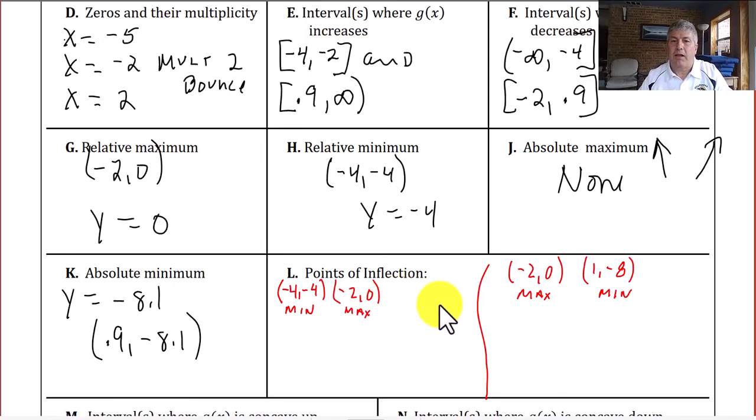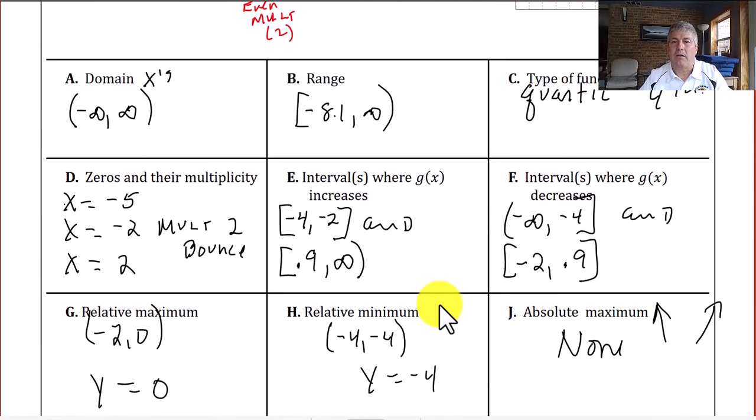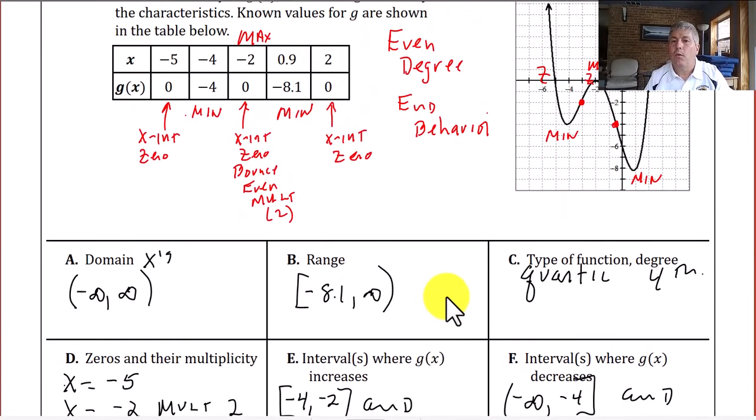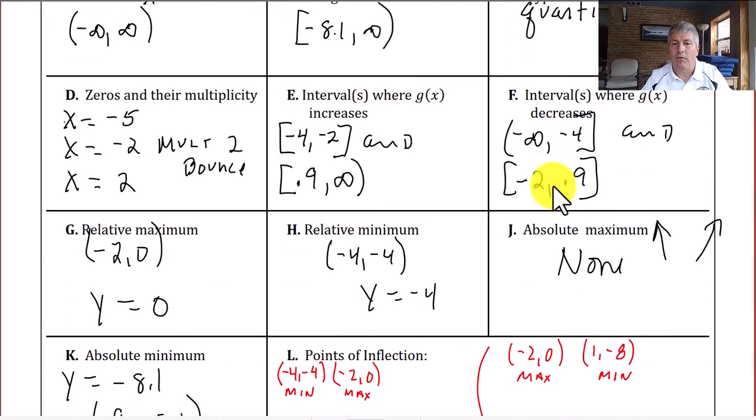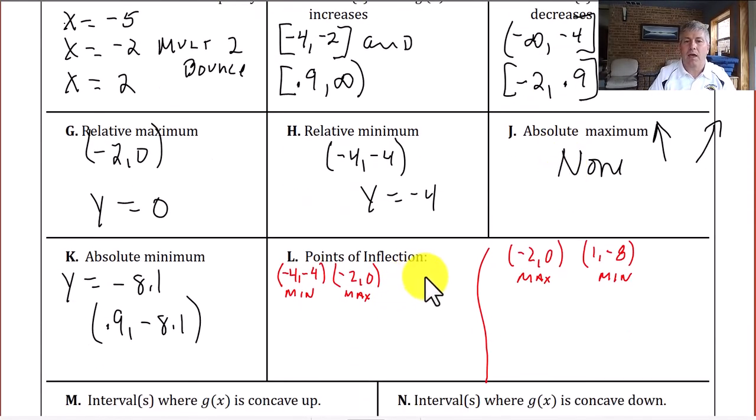We have some inflection points. If I remember correctly, we'll use rule 2. We can find the inflection point between the minimum and maximum points, or between the maximum and min. So I've taken a moment to write those ordered pairs in, and we will just do our midpoint formula here to find the inflection points.